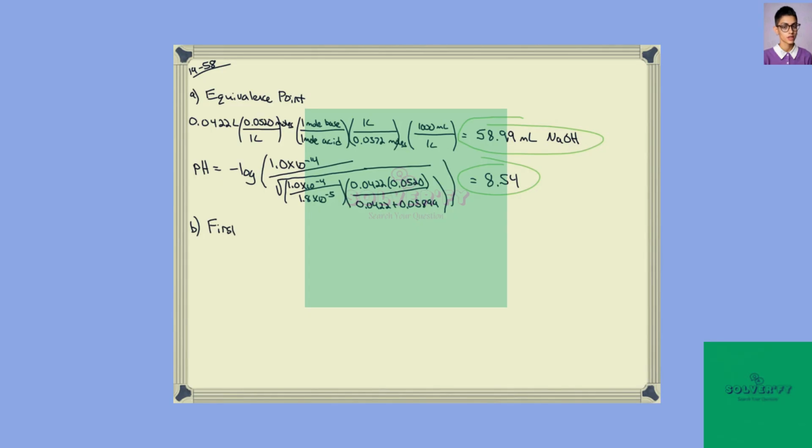Now for the next one, we have a diprotic acid, sulfurous acid. The first equivalence point will correspond to just the removal of one hydrogen. So if we start with the volume of sulfurous acid in liters, multiply it by the molarity of the sulfurous acid, we will get moles of sulfurous acid. 1 mole sulfurous acid, if only one hydrogen is coming off to reach the first equivalence point, corresponds to 1 mole of base sodium hydroxide.